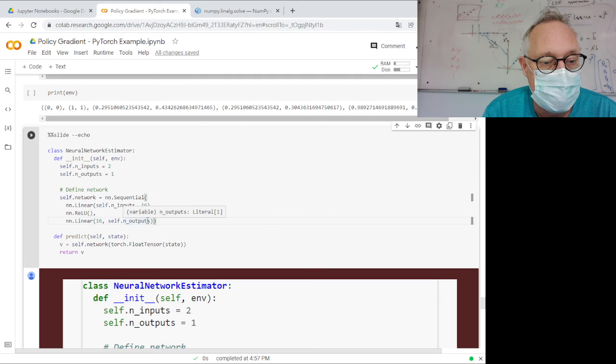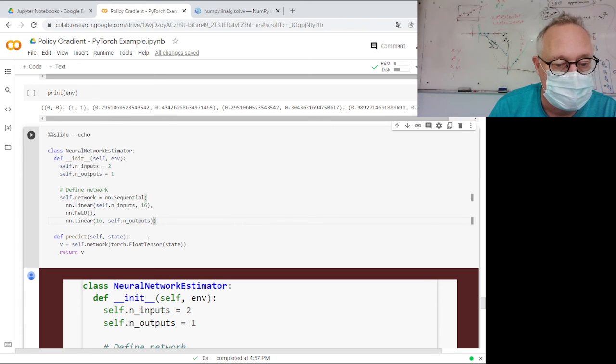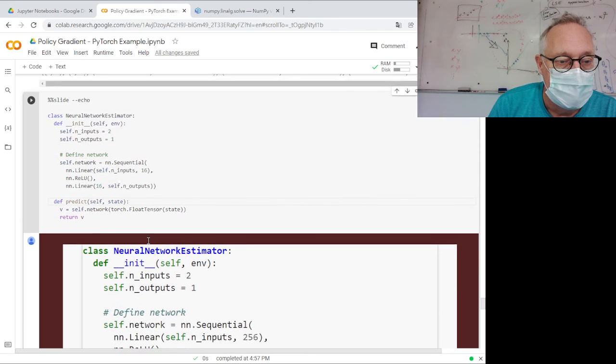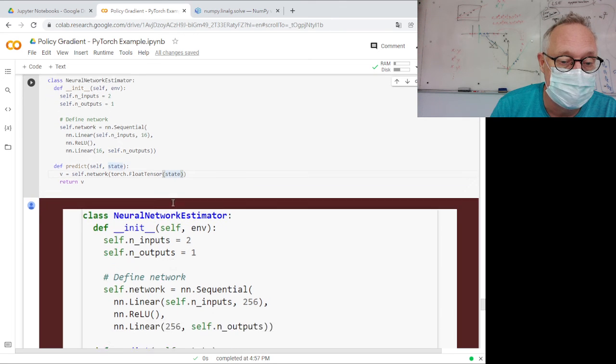They use rectified linear units, and then the 16 nodes in the hidden layer are connected to a single output. And I also have a predict function, so given the state of the network, this is what I would get as the output.